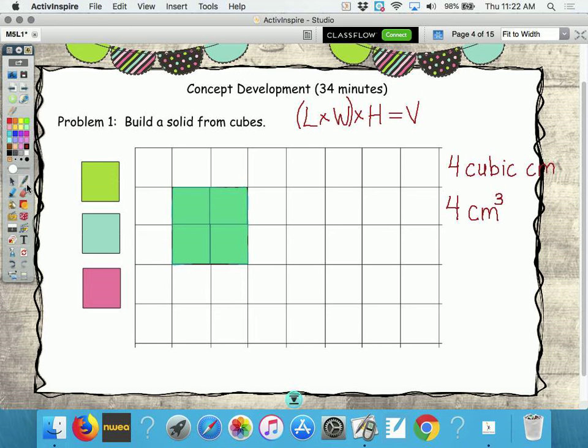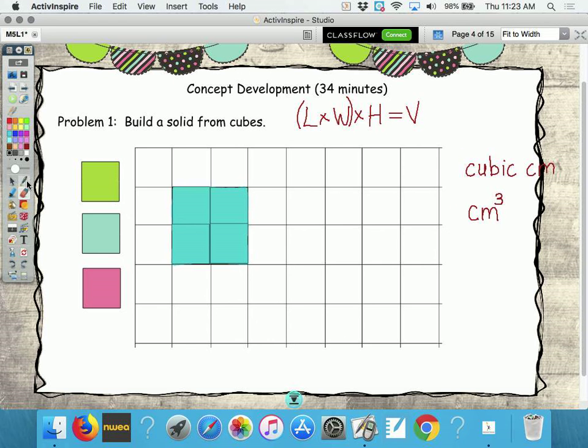Okay, so let's add another floor to this structure. Please don't worry about the pattern, just put 4 more cubes on there. What would the volume of the structure be now, Jesus? 8.